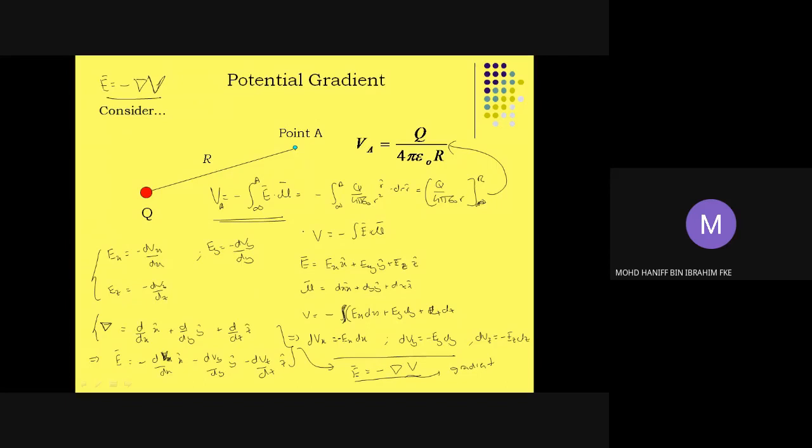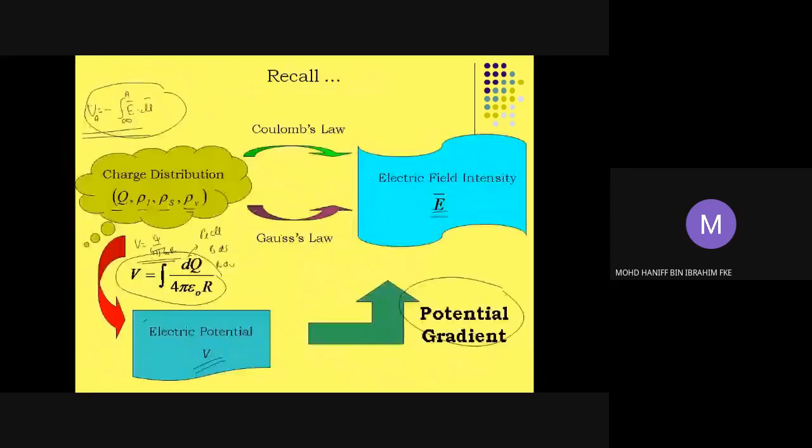Okay, so what I've shown here is the mathematics behind the formation of this equation, which leads us to the equation that enables us to find the E field using the potential V. If you go back to the slide just now, to find the E field we have three methods.